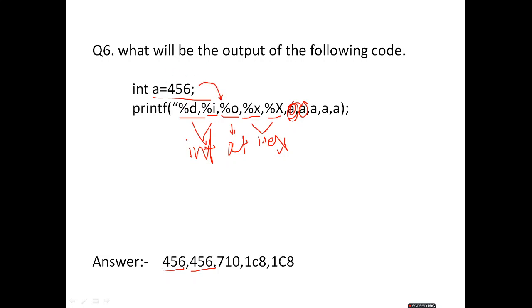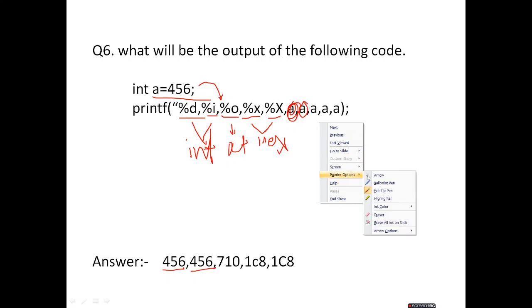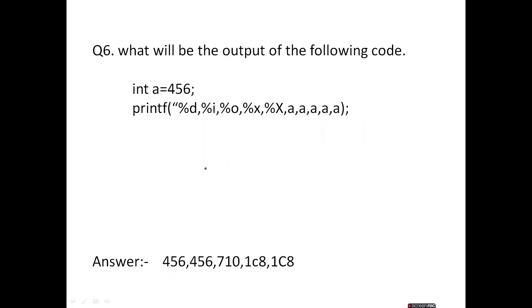So let's see how we will convert it. To convert 456 to an octal number, we will divide 456 by 8, because for an octal number our base is 8. So 8 7s are 56, 8 5s are 40, and we get 456 with the remainder 0.